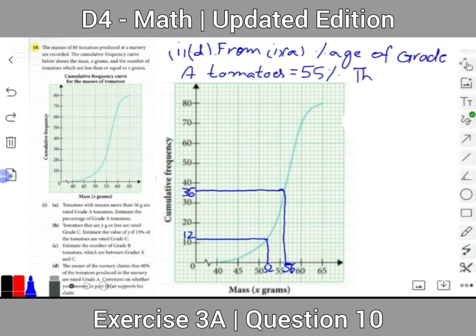Therefore, the data does not support his claim.